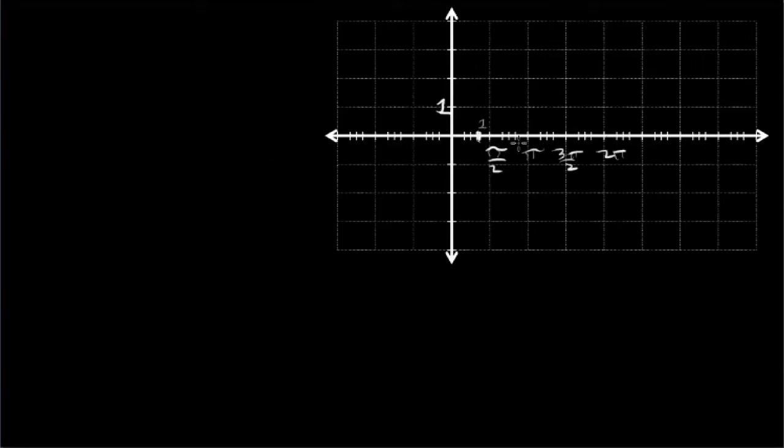So to graph my graph, here's where we go. Let me first remind you what our rewritten equation looked like: y equals 2 plus 3 cosine of 1/2 times (x minus 8 pi).